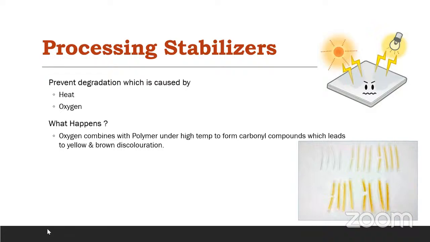So to avoid it, now mostly the brominated or non-halogenated flame retardants are being used. Different flame retardants and their examples I have included in the coming slides, so we'll discuss them there.